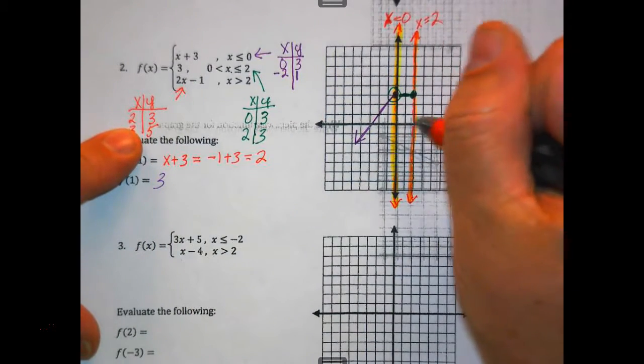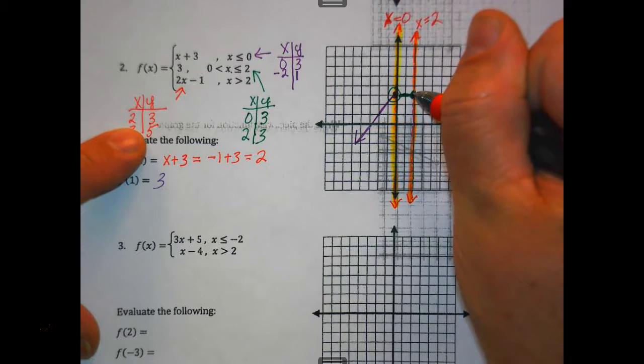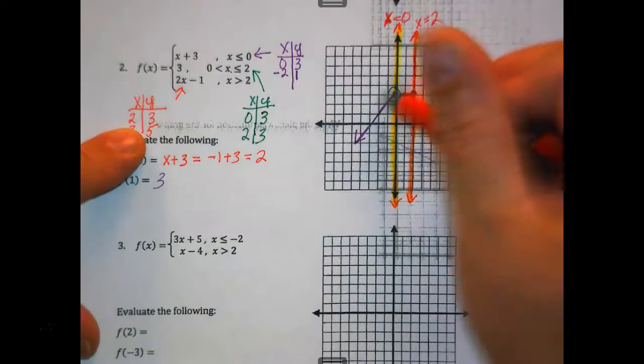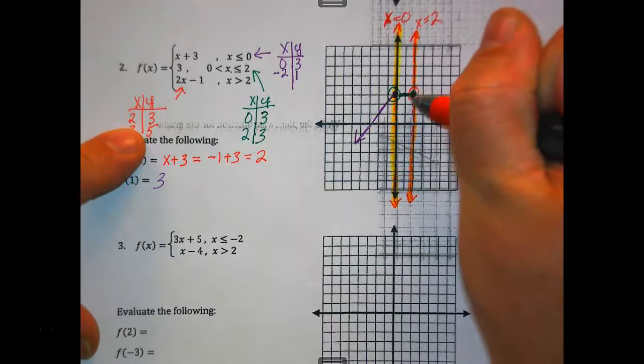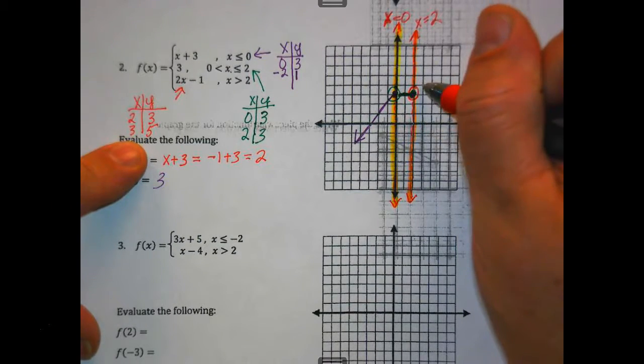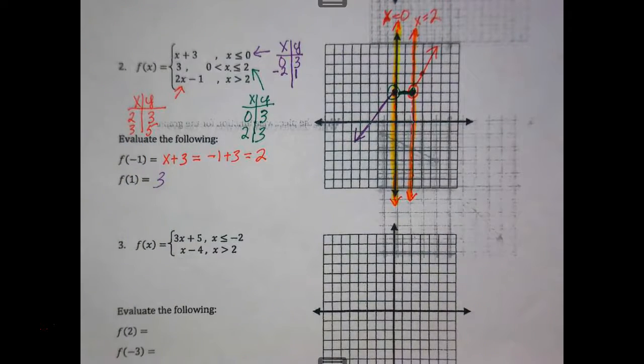Do I have an open or closed circle at 2, 3? Careful, there's no equal sign, so it's open. And I have 3, 5. So there's my graph for number 2. I don't think we do 4 lines in here.